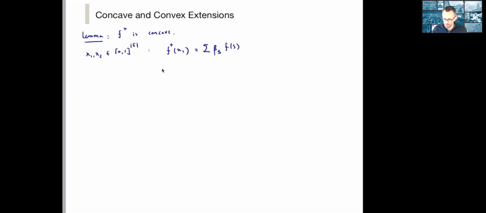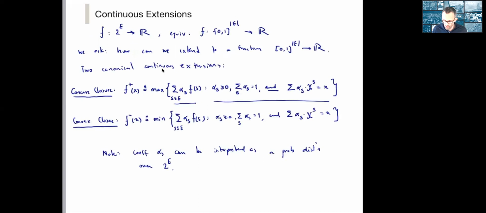Let me also make a small note here that I've written max and min and not sup and inf, but this is straightforward. This is because I'm maximizing and minimizing a continuous function over essentially the simplex, which is a compact set. So we know that the max and the min are attained.